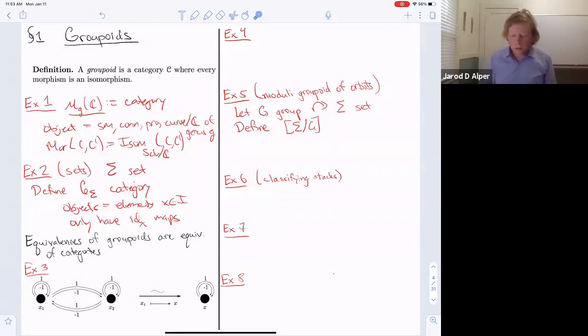So in particular, X1 and X2 are isomorphic, but in two different ways. And this groupoid is then equivalent to the groupoid where you just have one object and two maps, right? If you think about it, this map is fully faithful and essentially surjective.